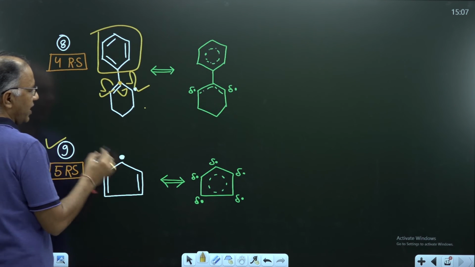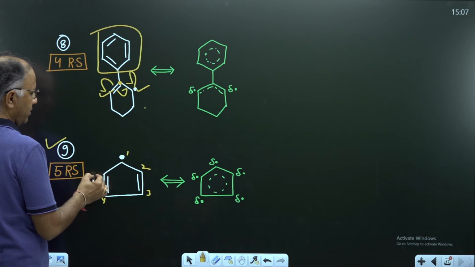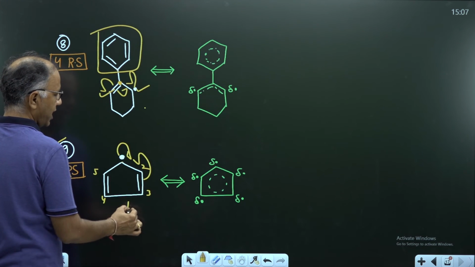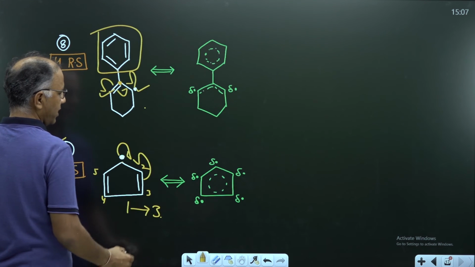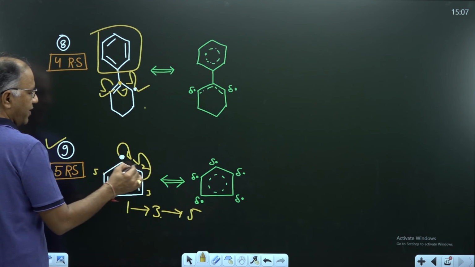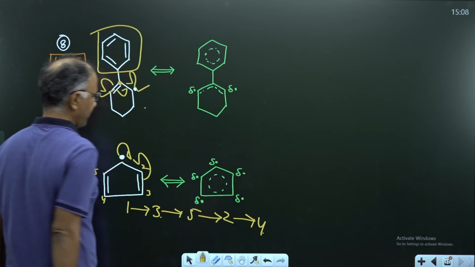In the 9th, there will be 5 RS. I already explained to you the example of the carbanion. The radical will be on the first carbon, then it will move toward the 3rd carbon, then toward the 5th carbon. After the 5th, it will move toward the 2nd carbon, then toward the 4th carbon.